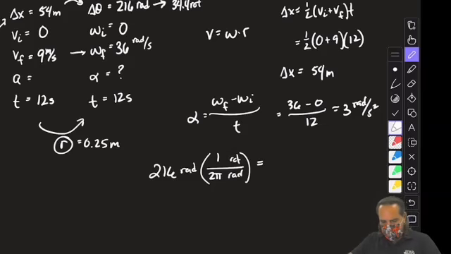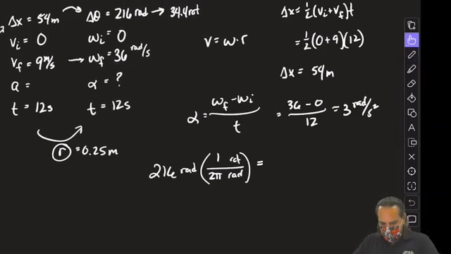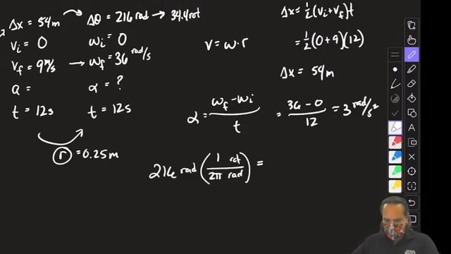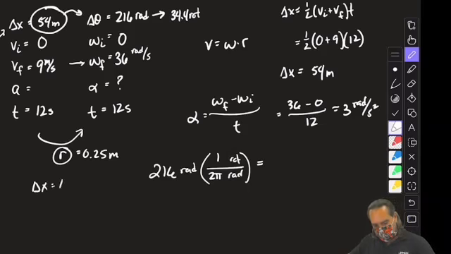Oh, wait, maybe I'm on the wrong thing. I think I'm looking at something else. Okay. Because I didn't use a motion equation to figure out delta theta. I converted directly from this number by using delta x equals delta theta times radius.